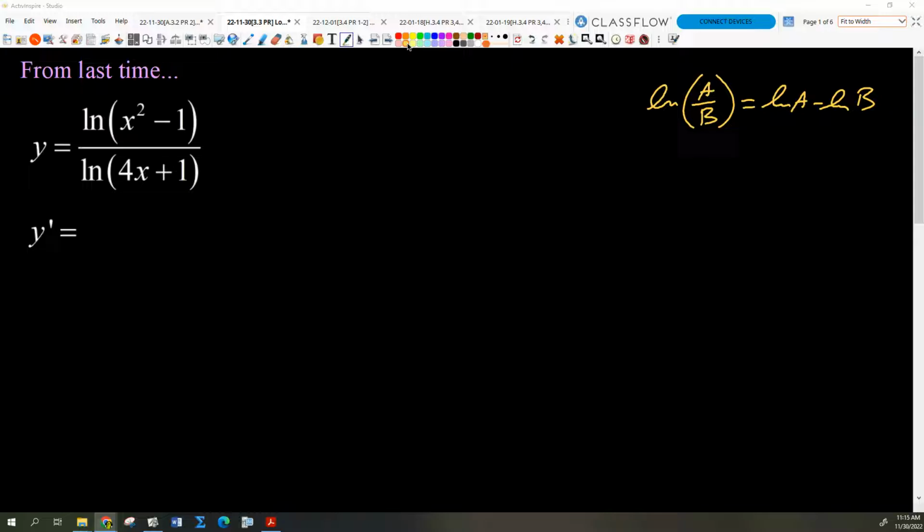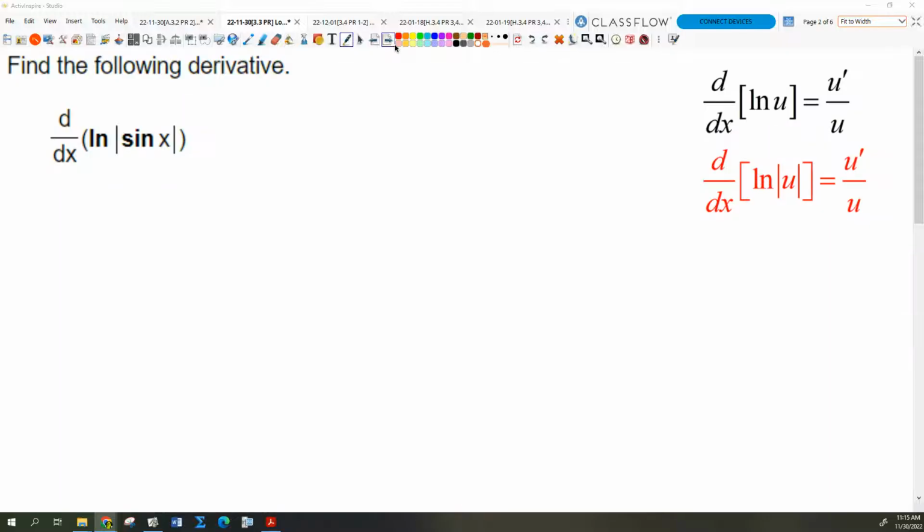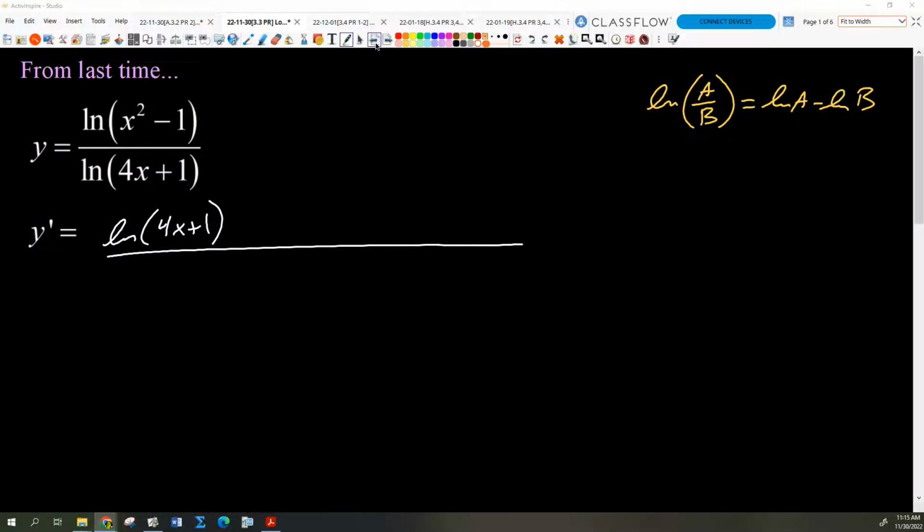So what's that give us then? Okay, so the natural log of 4x plus 1, low d high, right? That's low. Times what's d high?